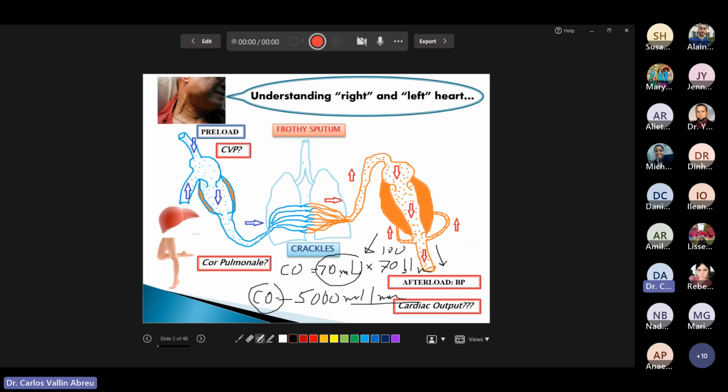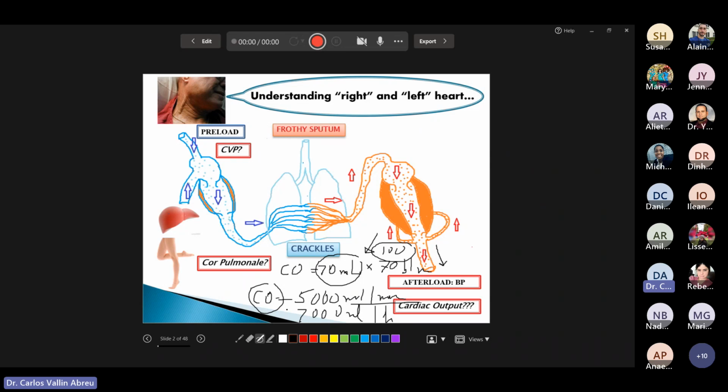So suppose that you keep the stroke volume constant, which is not true. Usually you also increase the stroke volume, the volume of blood that you pump in each contraction. But suppose you keep it constant and only increase the heart rate. So what is going to be now the cardiac output? 7,000 milliliters per minute. So do you notice how the cardiac output changes depending on the needs of the body?